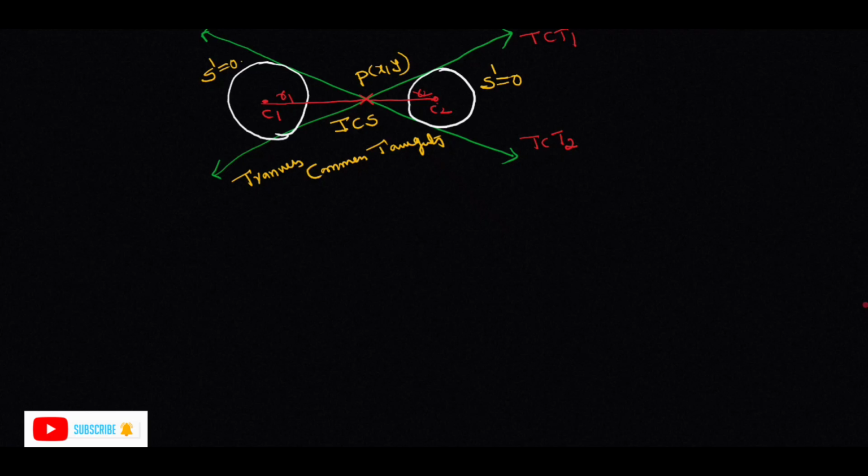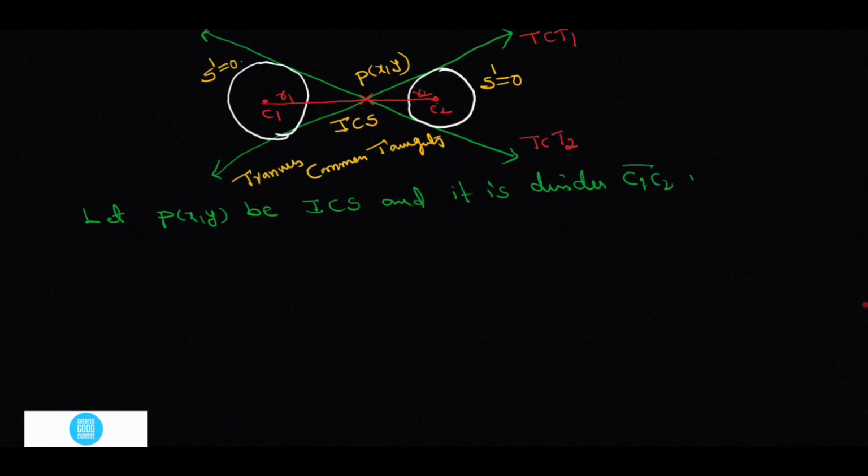Let P(x, y) be the ICS, the internal center of similitude, and it divides C1C2 in the ratio m is to n equal to R1 is to R2 internally.